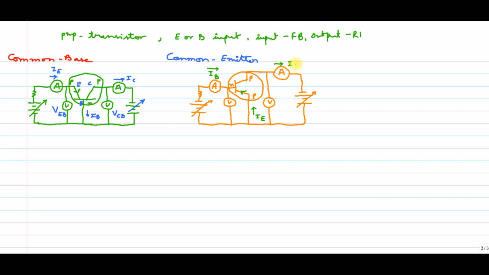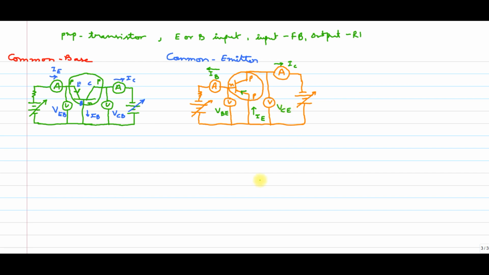So this is collector current IC, and base current should be reversed. Base current should be like this. This voltage is named VBE, as emitter is common, so the second term should be the common terminal. And this is VCE.